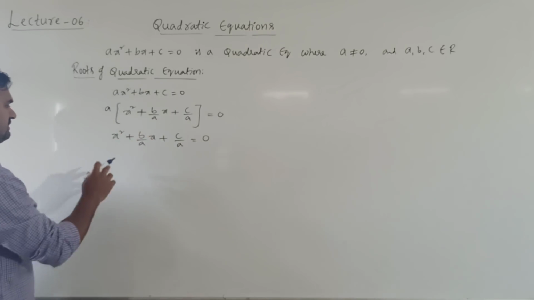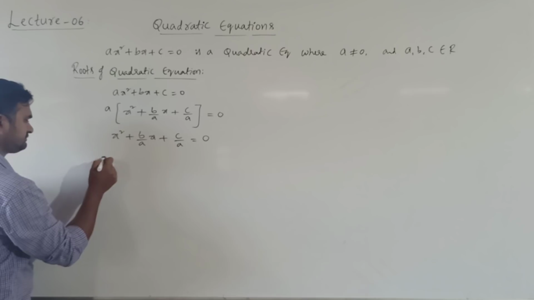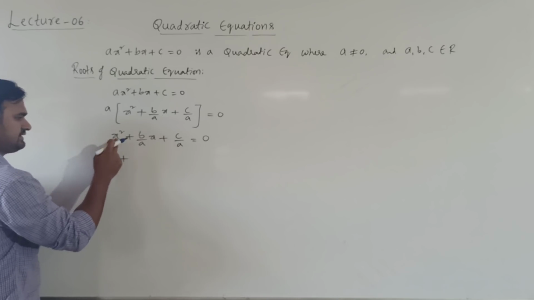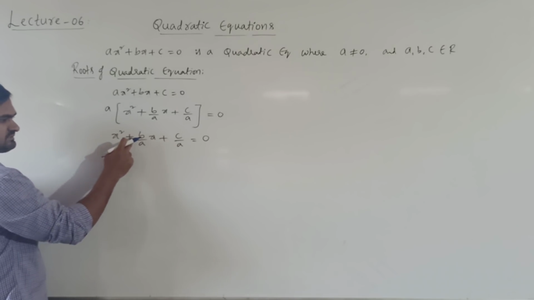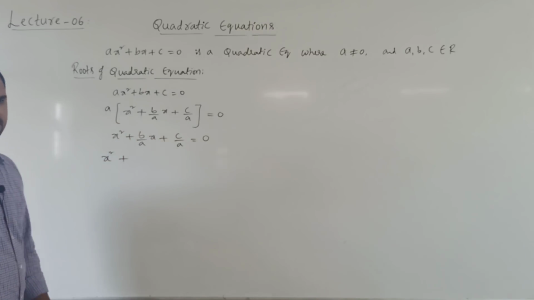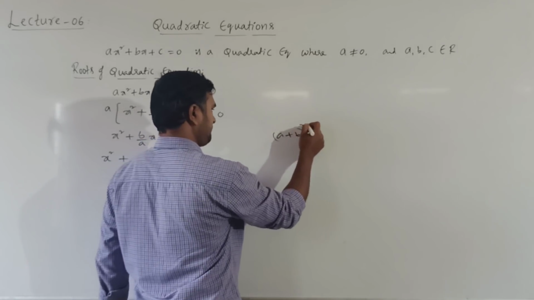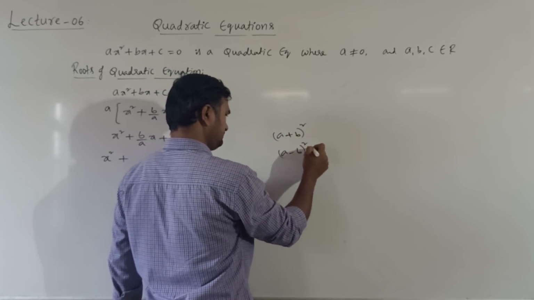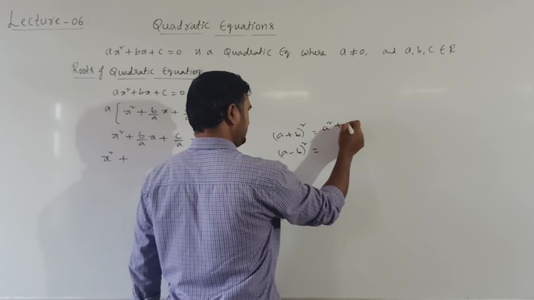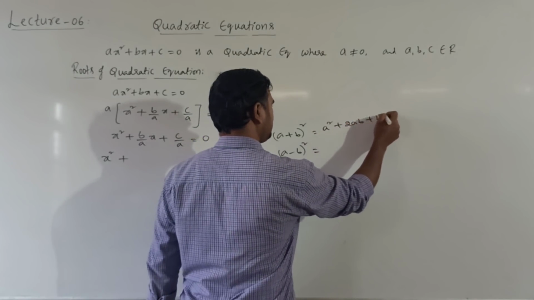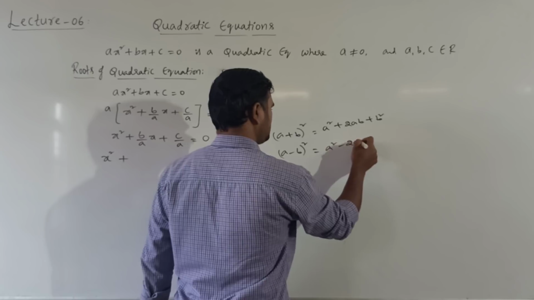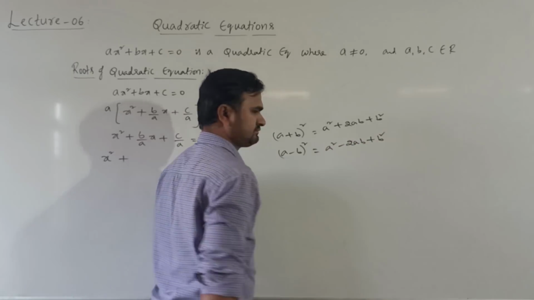See, we have x square, it is like a square. Since plus is there, we write plus. Now either it is a plus b whole square form or a minus b whole square form. We have the expansions a square plus 2ab plus b square, and a square minus 2ab plus b square.